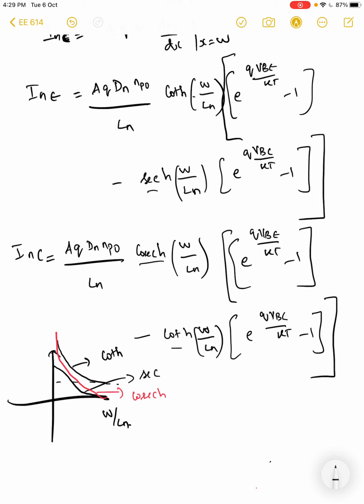If we have this width by length to be really large, then the secant tends to be 0. So this term will go to 0 if width is very large, and hence nothing related to the collector base junction will affect the emitter current, right? Similarly, if width by length is very large, cosecant goes to 0 as we saw here.